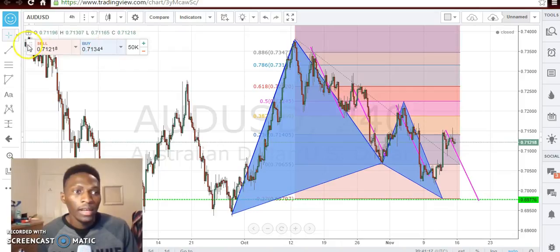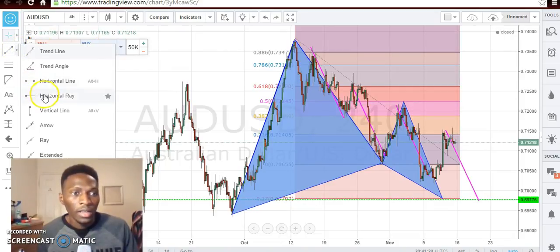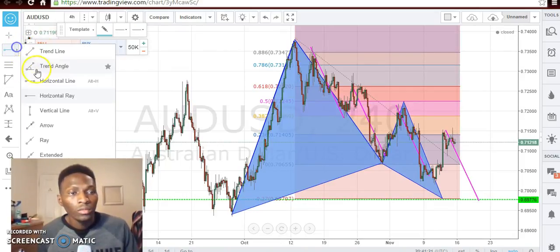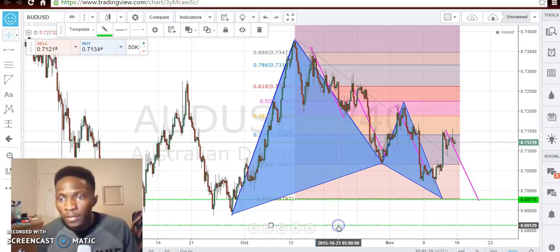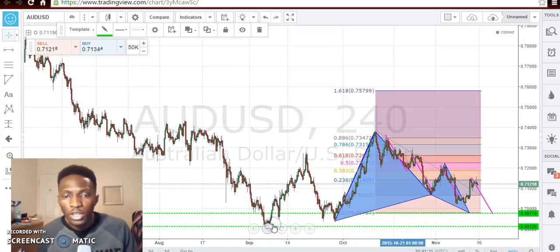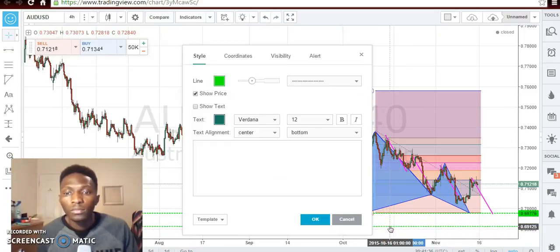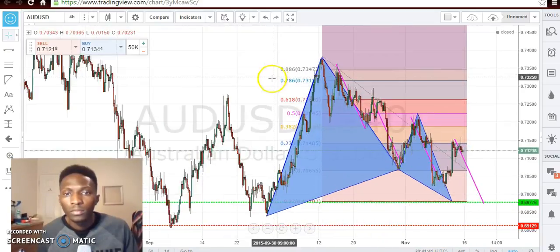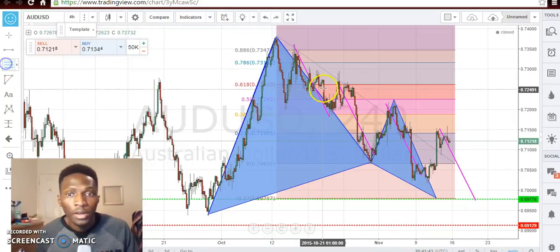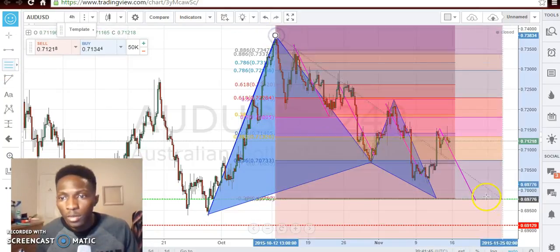So obviously with Gartley patterns we know where our stop loss is going to go. It's going to go below X. So our stop loss is going to be somewhere there. Let me change that to red. And our targets, our first target is going to be the 382 retracement, assuming we get there.